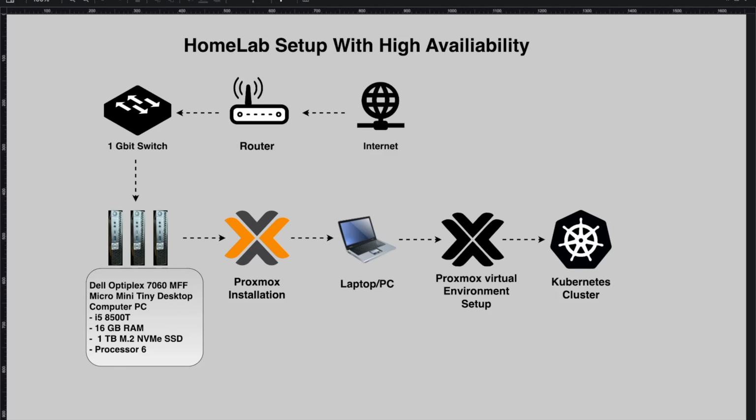Boom, the Proxmox dashboard. You'll be able to see that with the IP address. And we will also be exploring the Proxmox virtualization setup. We'll be creating templates, saving some hours of work, especially when scaling your Kubernetes nodes.